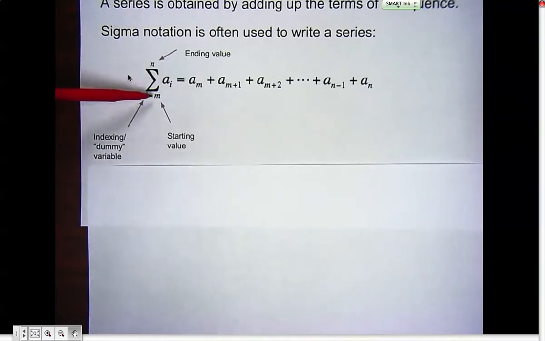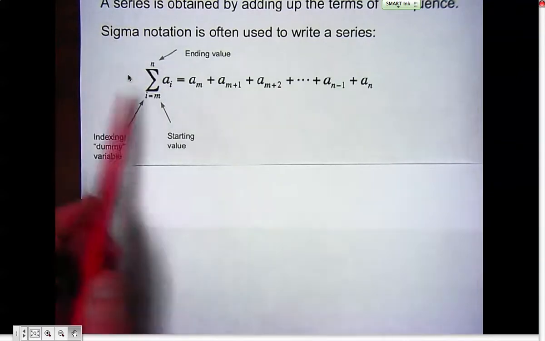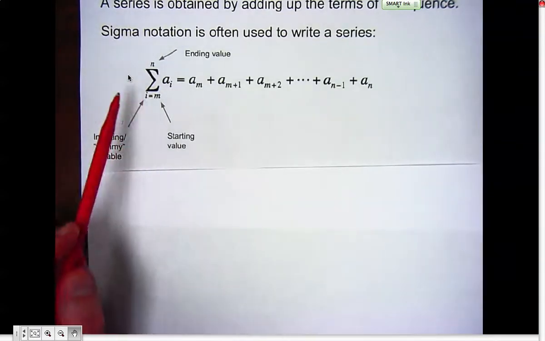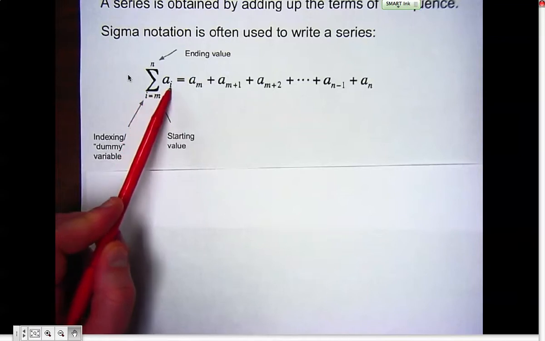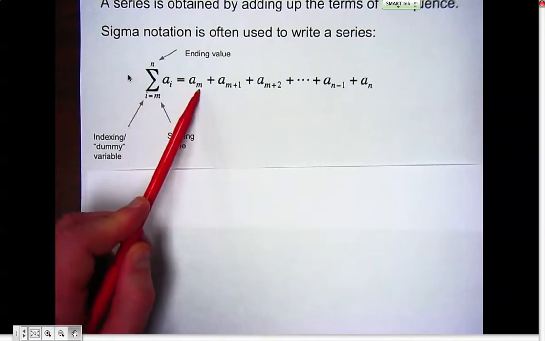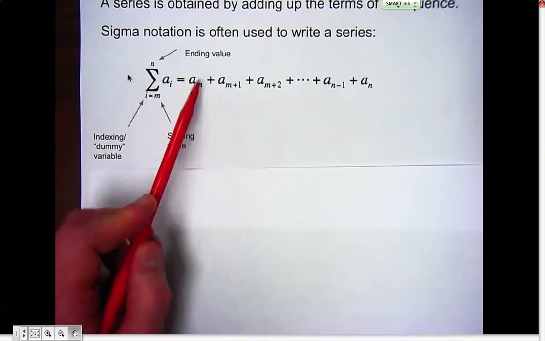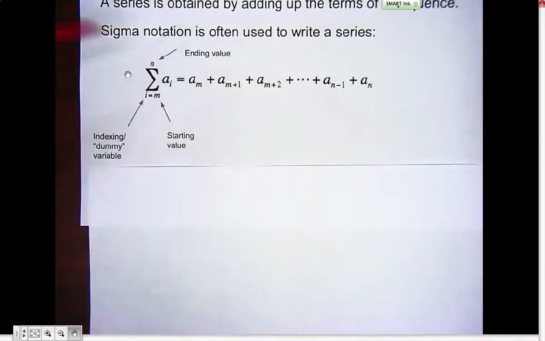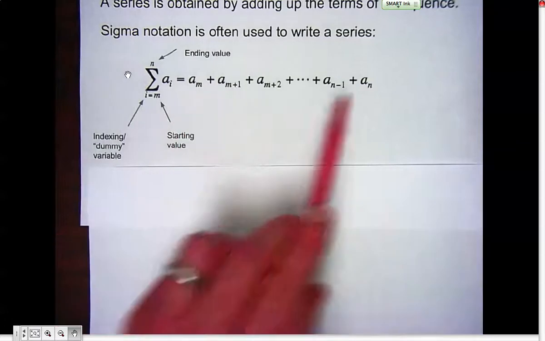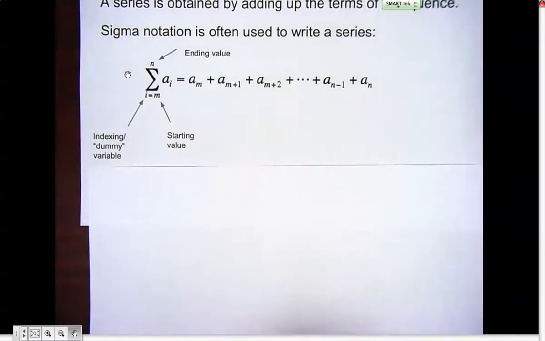M is where we're starting that indexing variable, and n is where we're ending. Basically, we're plugging m in here, so we have a sub m, then we go to the next one, m plus 1, then m plus 2, and we keep doing that until we get to the ending value, which is listed up here. So here we're adding up from the mth term to the nth term. And that is sigma notation.